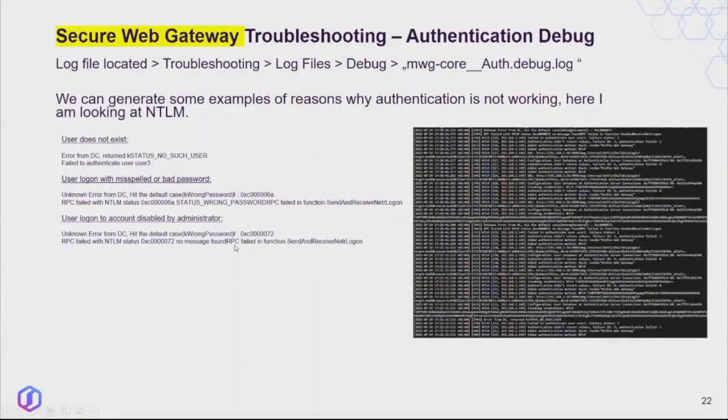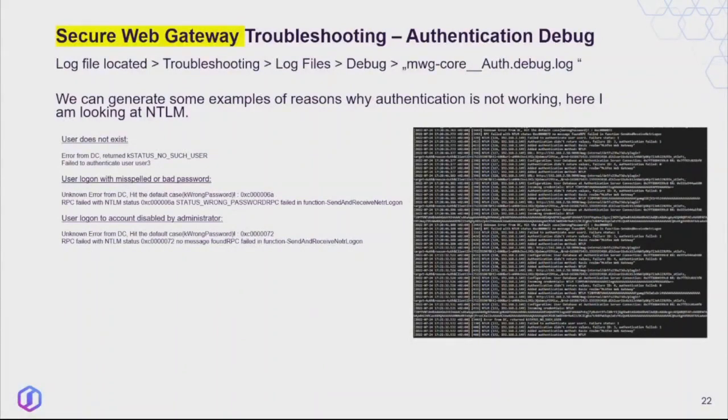No message found RPC. So this one didn't really record that it was user account disabled. It gave us an error message, but it didn't say this user account is disabled. It just gave us a default case wrong password, and then gave us an error code.